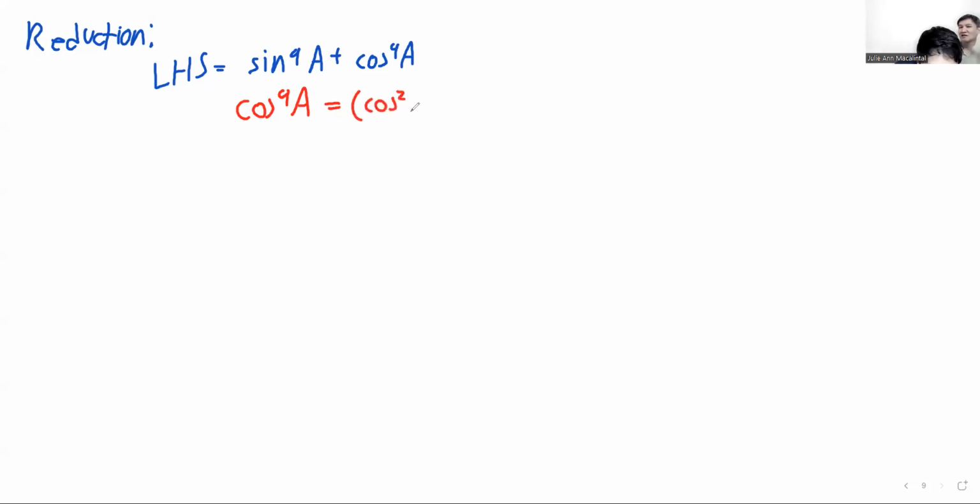If you're able to come up with another solution to prove this identity, you can share it with us. Send a link in the comments.